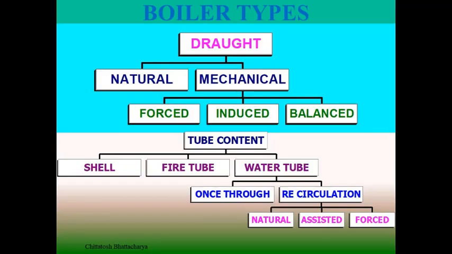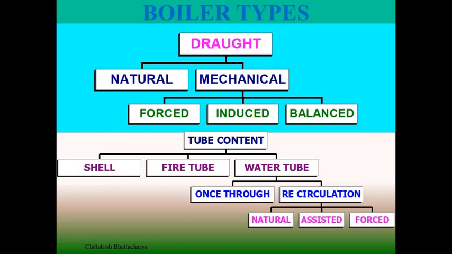Now for combustion, we require a supply of air along with fuel, and there is a constant requirement of evacuation of combustion products, particularly the gaseous product, flue gas. For that we have the arrangement of draft within the boiler, generally supported by the installation of a chimney, which creates a natural draft.